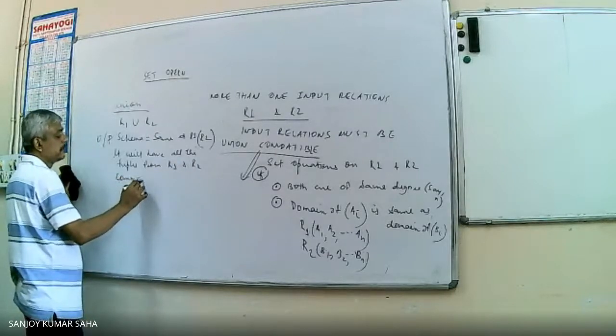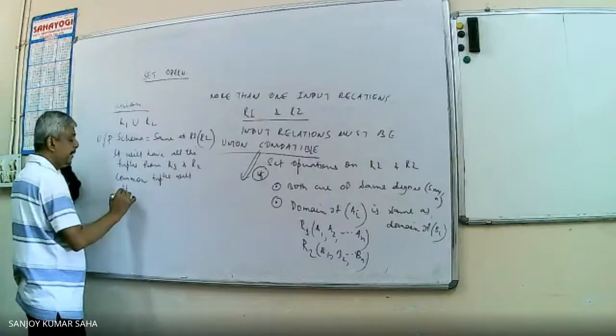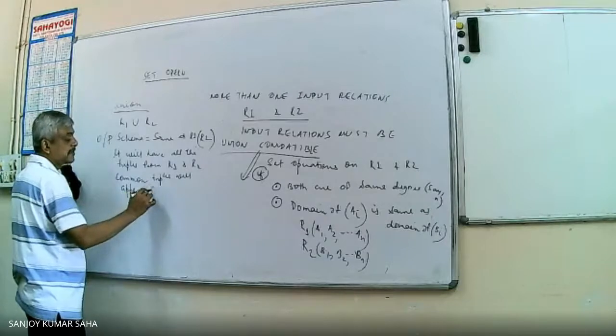Common tuples will appear only once, as it is a set.